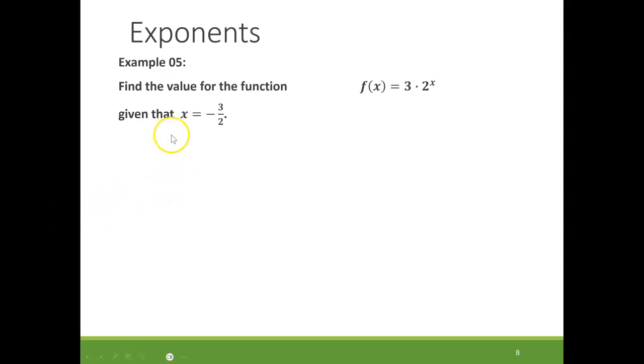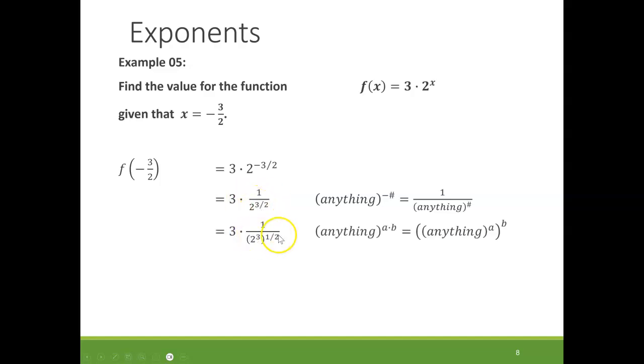Let's run through it. This one has so many steps, it's probably not realistic anybody's doing this in their head. 3 times 2 to the negative 3/2. So you will evaluate the negative sign, so make the reciprocal. Now I'm going to think about 3 over 2 as 3 times 1/2 and separate it that way.